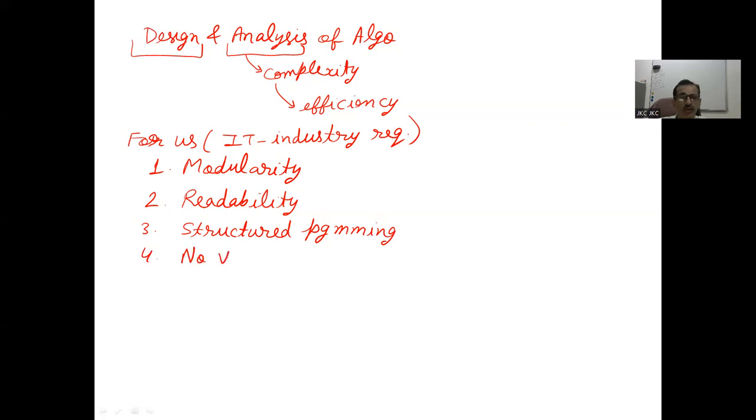But for improving efficiency slightly, or for reducing some execution time slightly, we are not going to compromise on the rest. So this is our thumb rule. No violation of the efficiency will be done, but efficiency will never be targeted to be improved by compromising on the above.